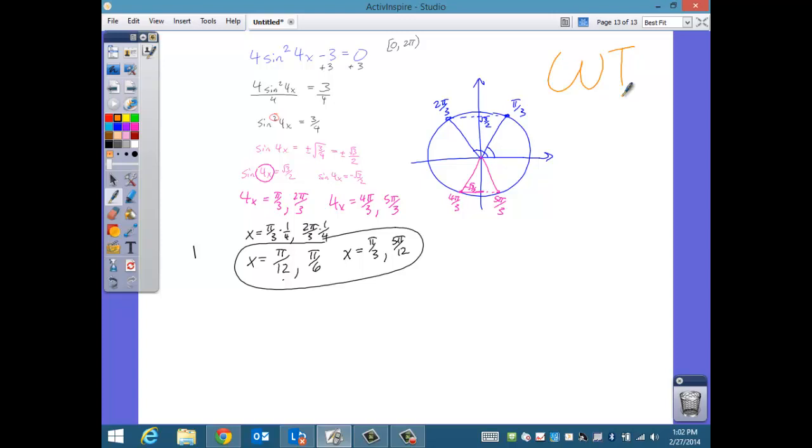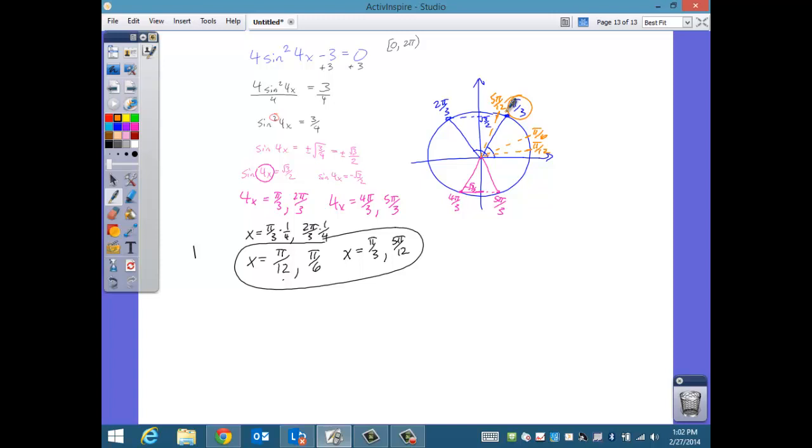That's all just in quadrant 1. You notice that these solutions are all in quadrant 1. So you've got this one, pi over 12, you've got pi over 6, you've got this one, pi over 3, and then you've got 5 pi over 12, which is right here.